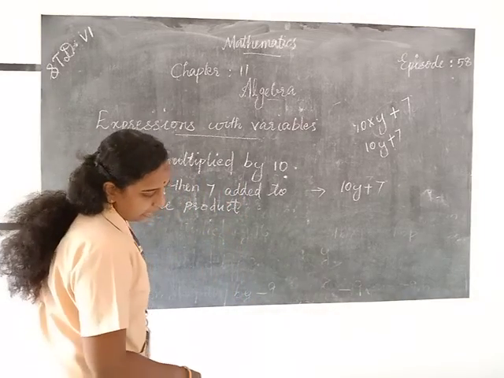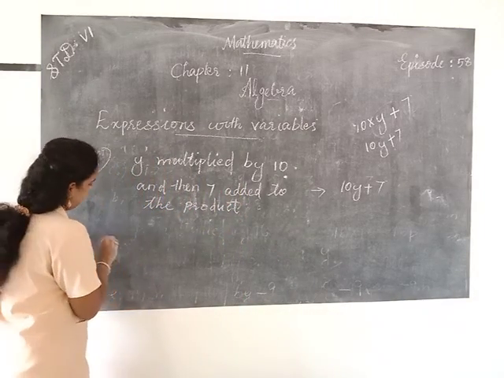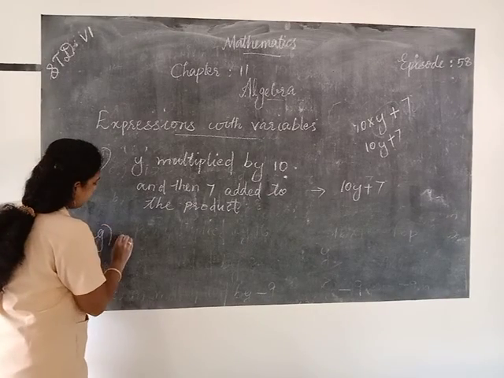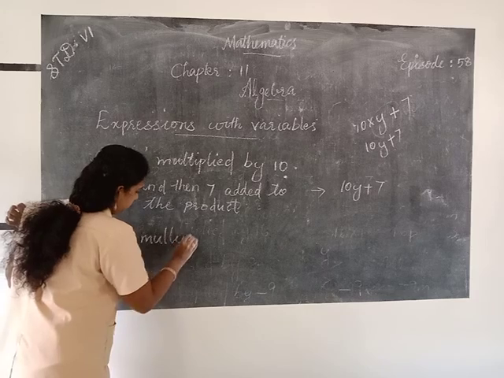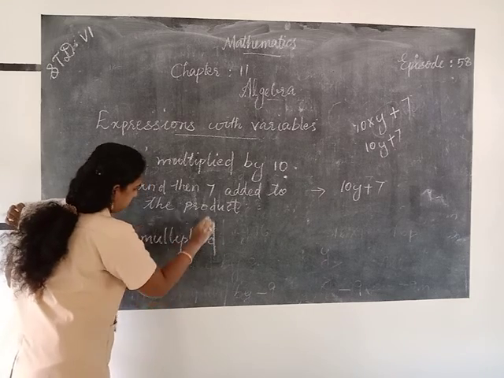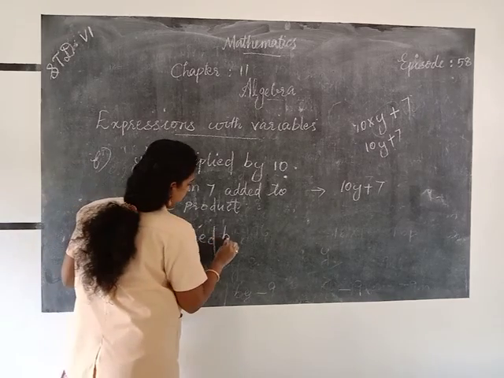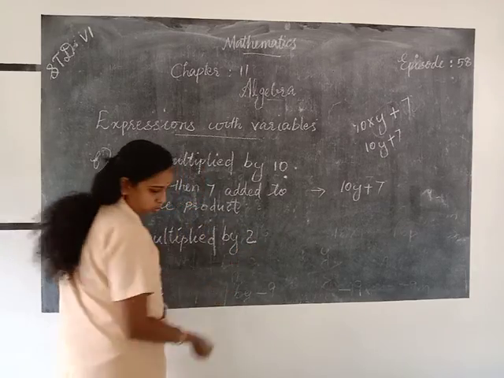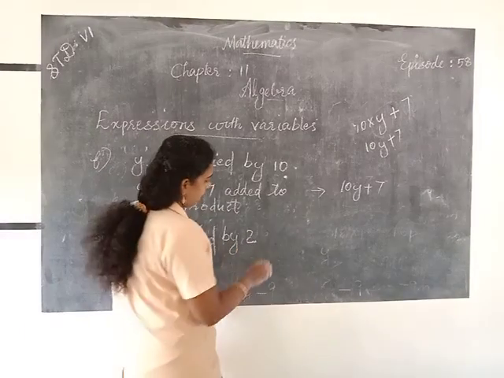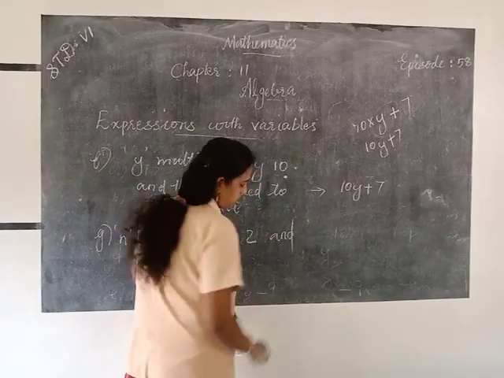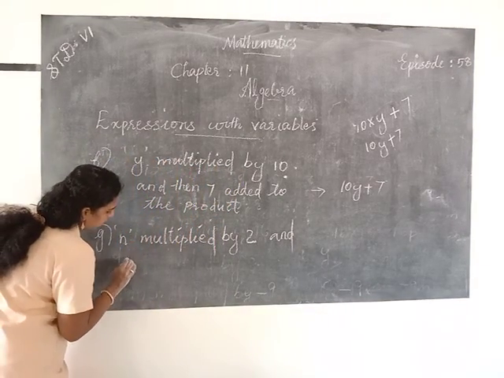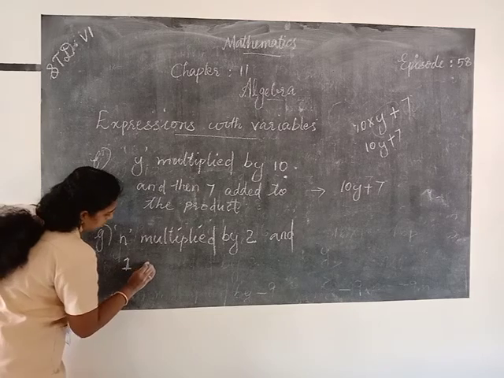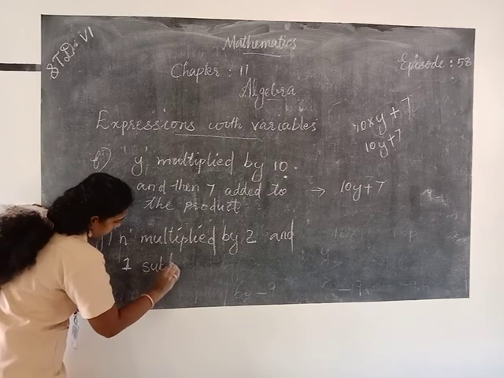N multiplied by 2, and 1 subtracted from the product.